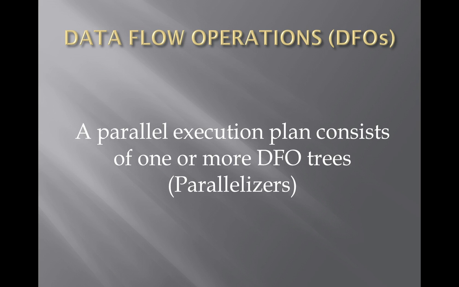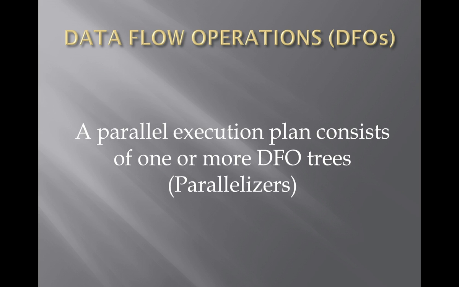Sometimes you might also hear the term parallelizers in that context, which seems to be a newer term for the DFO tree. So a parallel execution plan consists of one or more DFO trees. That's the first thing to understand. So as soon as you have a parallel execution plan, there is at least one DFO tree.